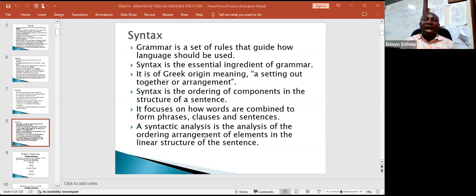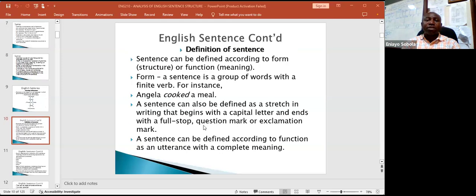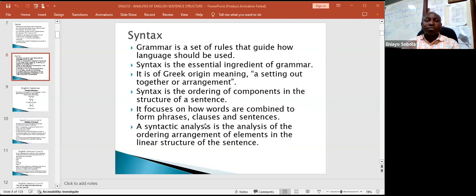That is, you must account for every word in that sentence and show the relationship among them. You must account for every word and show the relationship among them before you can actually achieve the goal of your sentence. So that is that about syntax.